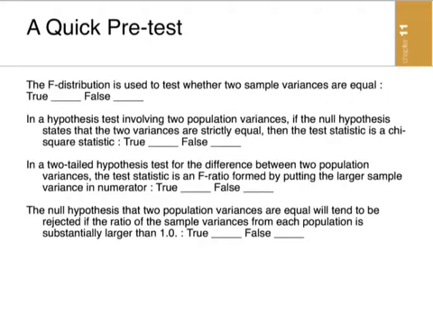And the last statement: the null hypothesis that two population variances are equal will tend to be rejected if the ratio of the sample variances from each population is substantially larger than 1.0. True or false? You can make an attempt to answer these questions now, and then as we go through the rest of the lecture, see whether or not you made the correct choices.